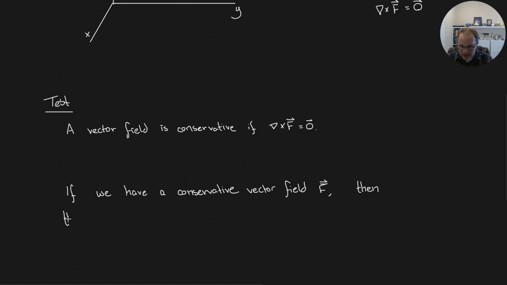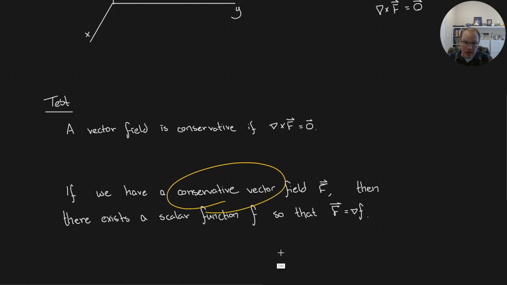Then there exists a scalar function little f, so that our vector field is just the gradient of our scalar function. So in other words, a vector field is going to be conservative if and only if it is a gradient field. We call the scalar function f the potential function of our vector field.